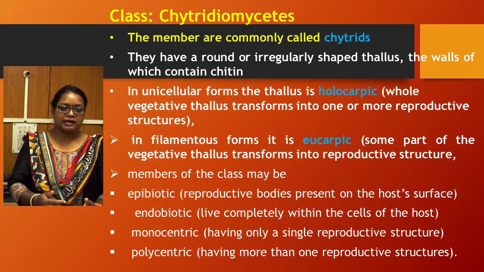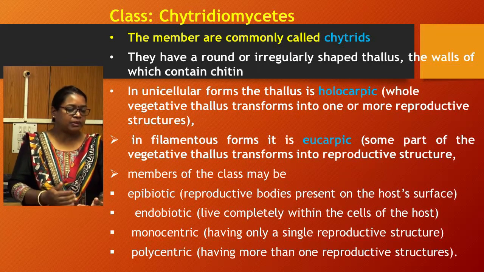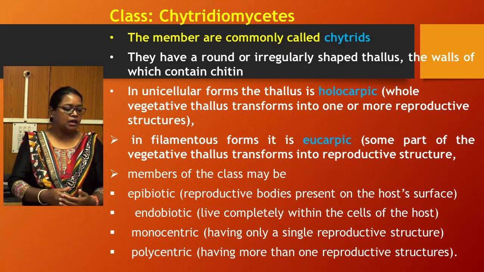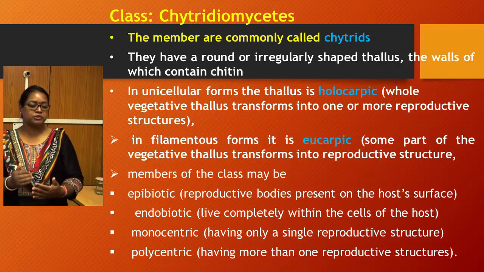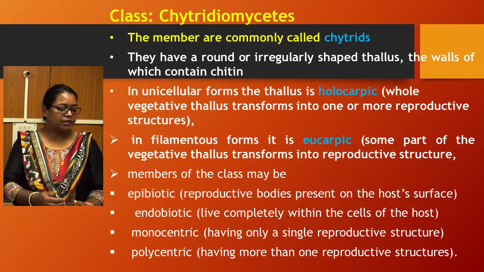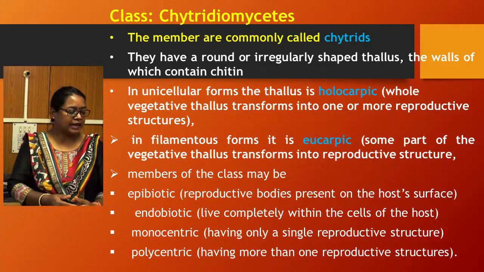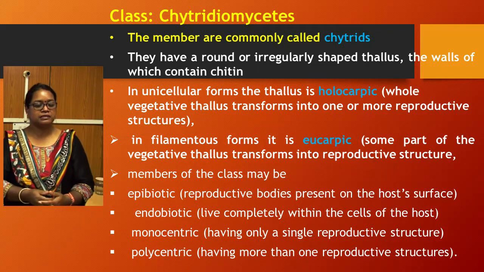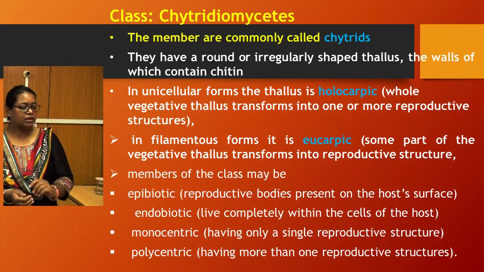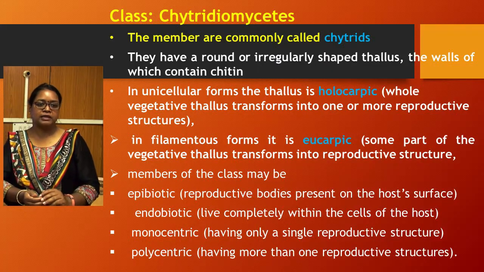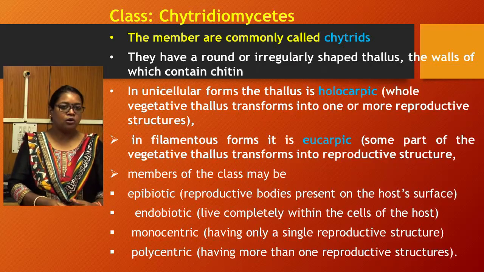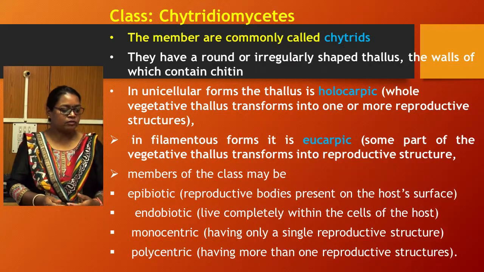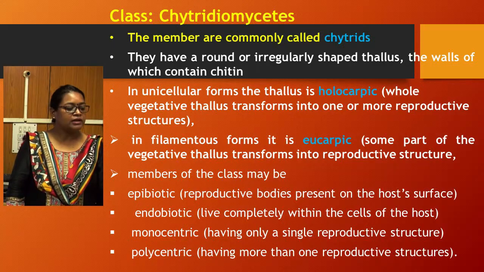Members of this class may be either epibiotic, means reproductive bodies present on the host surface, or endobiotic, means living completely within the cell of host. They may be monocentric, means having only one single reproductive structure, or polycentric, means having more than one reproductive structure.